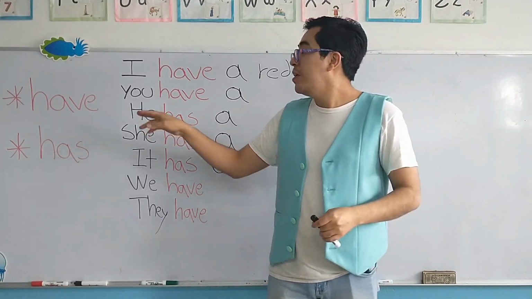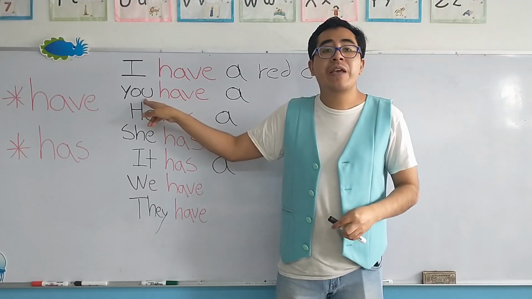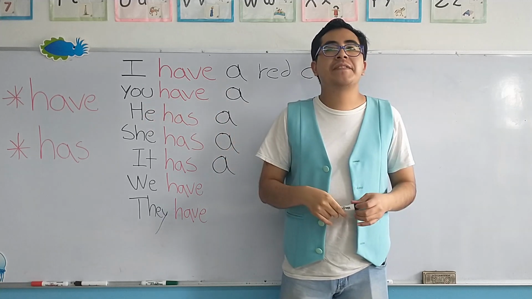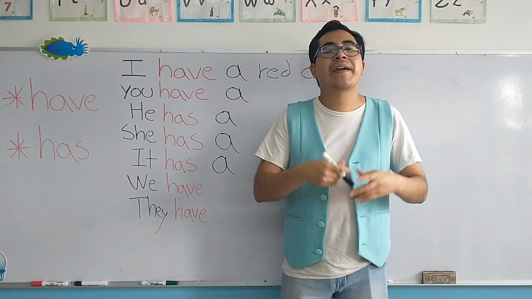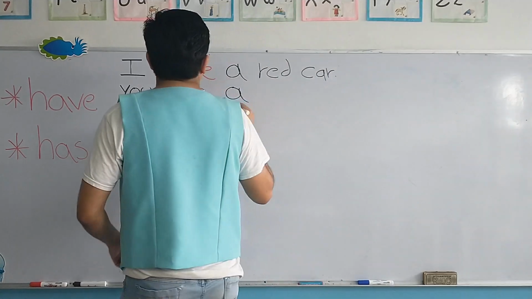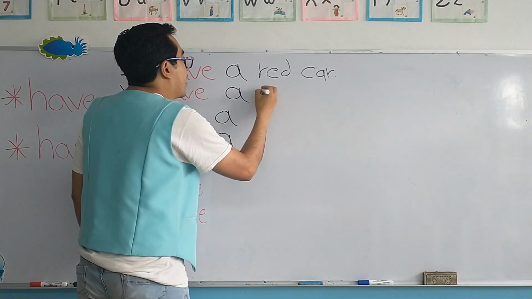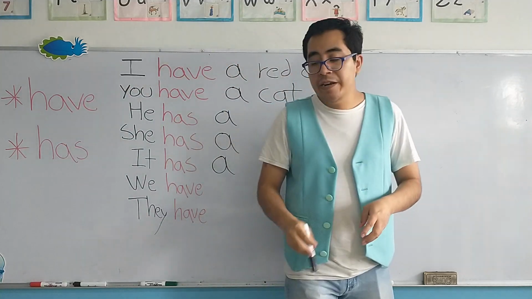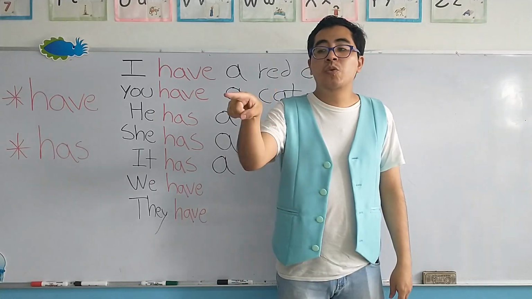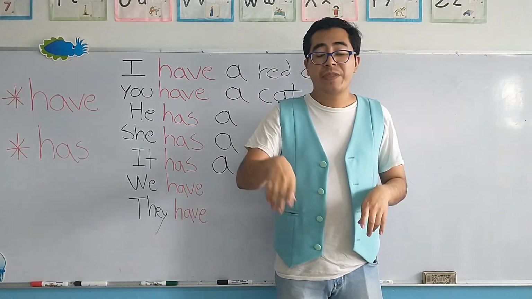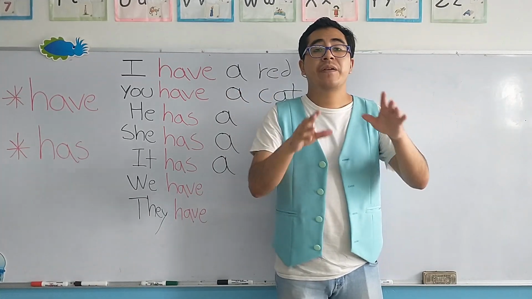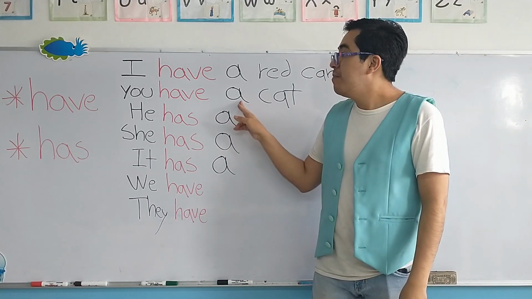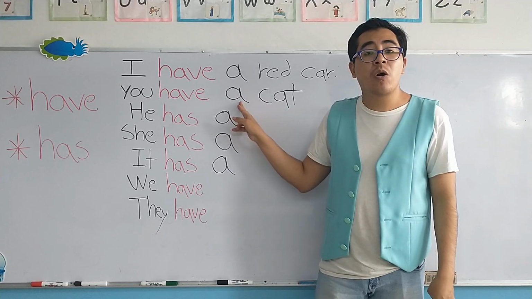In this occasion, using the personal pronoun you. You have a, let's say, an animal, a cat. You have a cat. In Spanish, tú tienes un gato. You have a cat. Now remember, we are including the article a because we are talking about singular objects.